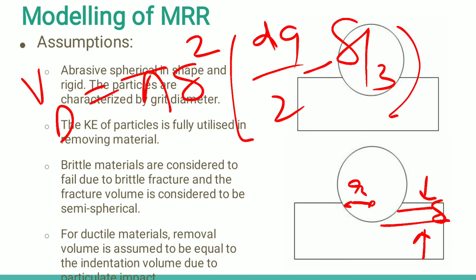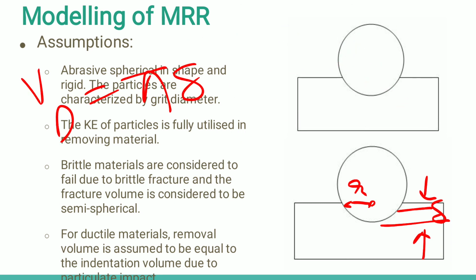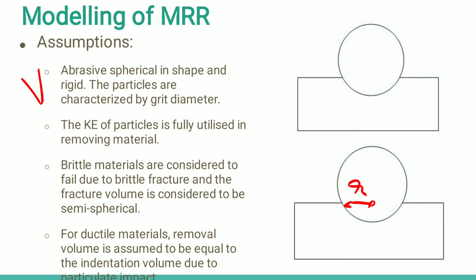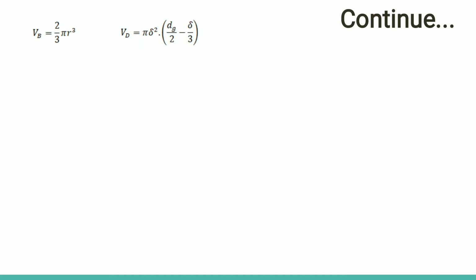So this is the formula given by researchers for ductile material. The volume for brittle material is 2 pi r cube, and for ductile it is pi delta square into dg by 2 minus delta by 3.